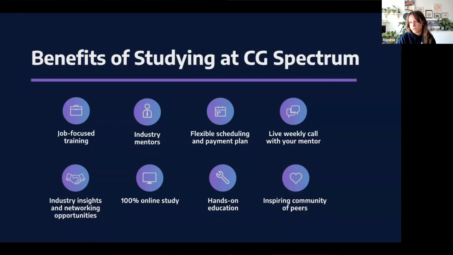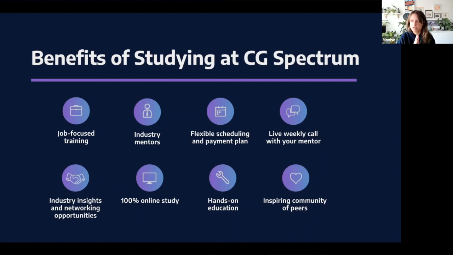You'll have a live weekly call with your mentor every week and opportunities to get additional feedback via Slack. That's where our online community exists. You'll also get industry insights and networking opportunities from over 100 mentors that are in our community and over 2,000 students and alumni that are currently in our community. So you'll get to talk to them as well as people like me who can help you with your career.